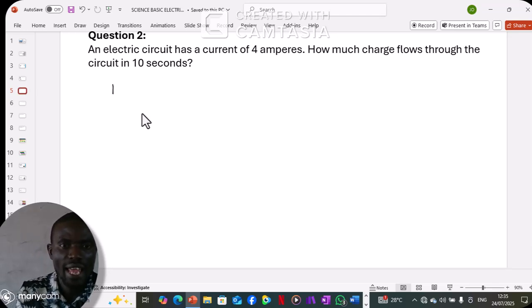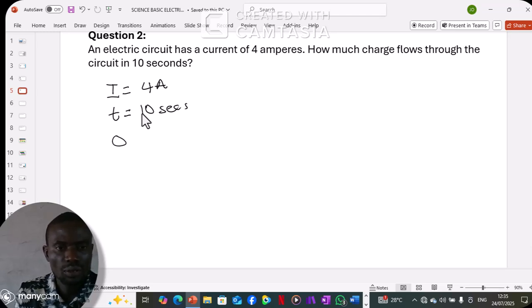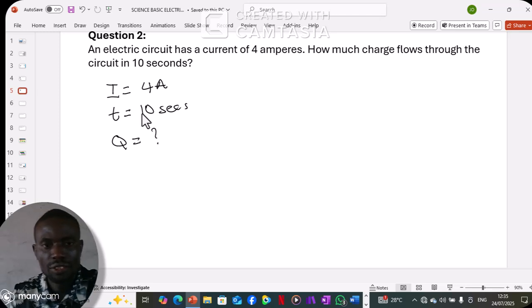Current is given, 4 amperes, then time is given, 10 seconds. So we are calculating Q, that is the quantity of electric charge.